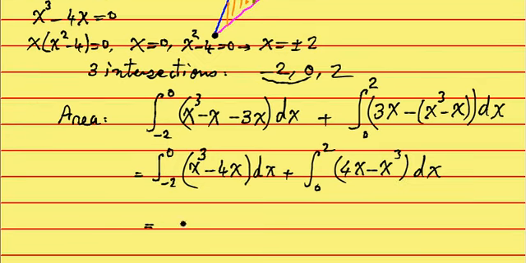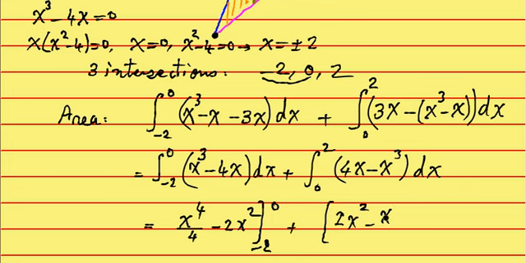So this one becomes x to the power of 4 over 4 minus 2x squared from -2 to 0, and then we have 2x squared minus x to the 4 over 4, and this one goes from 0 to 2.